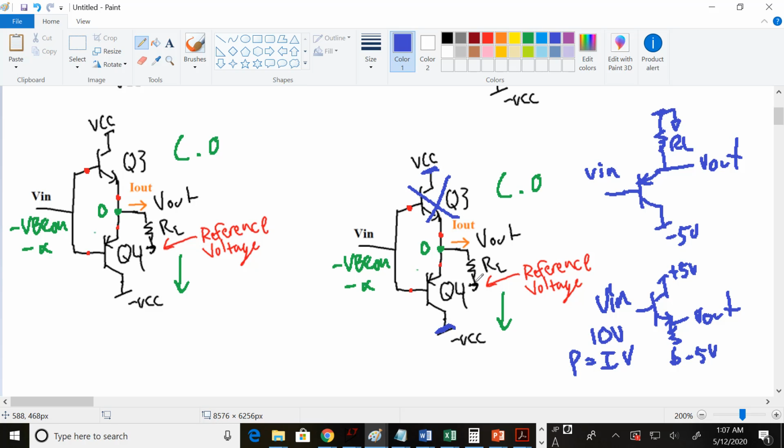And since you've picked this reference voltage, it goes from VCC to the reference voltage, or reference voltage to minus VCC. Since you only have half the voltage when only one side's on, going from ground to minus VCC or VCC to ground, that means that in your power equation, your V is now VDD over 2, or whatever your reference voltage makes it.